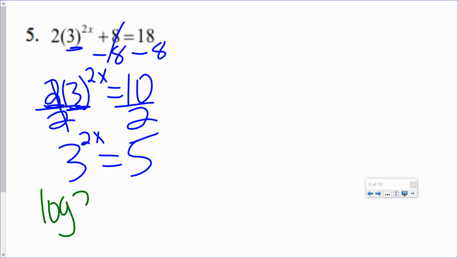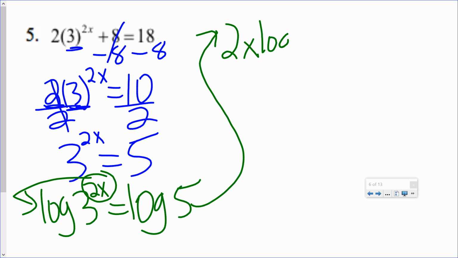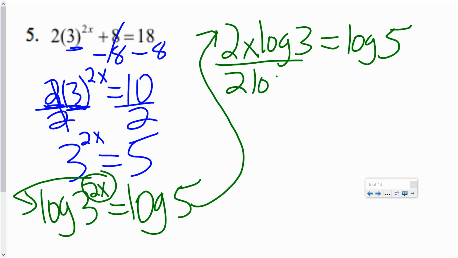Log of both sides. So I'm literally just writing log in front of both sides. The reason I do that is my exponent comes down in front. Now, to get x by itself, I'm dividing away the 2 and the log 3.